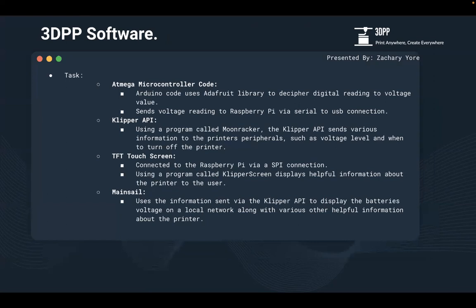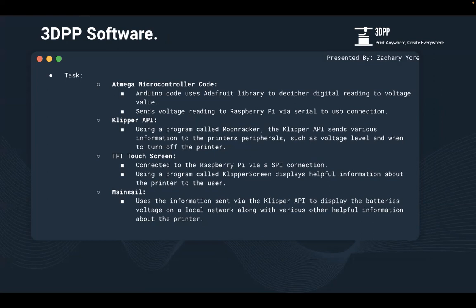Now, here's just a little bit of the software tasks. First off, we have the code, which is implemented on the Atmega microcontroller. What this does is it uses the Adafruit library with an Adafruit ADC and reads the voltage value from a divided 24 volt to 5 volt circuit.